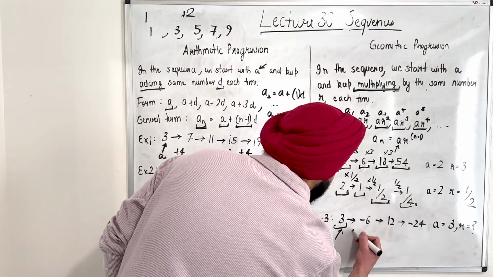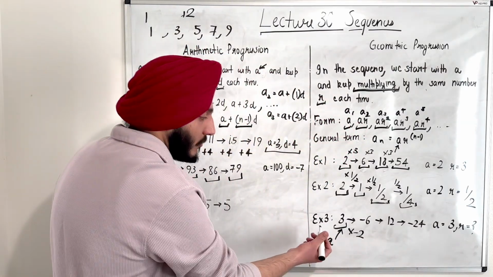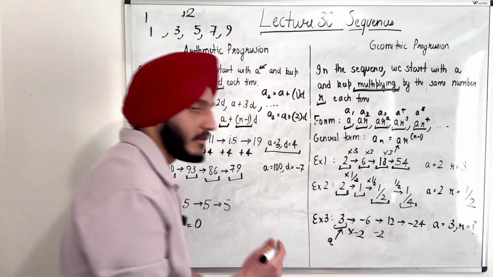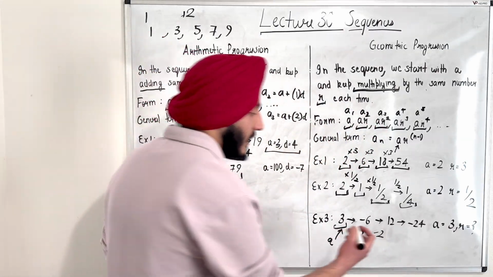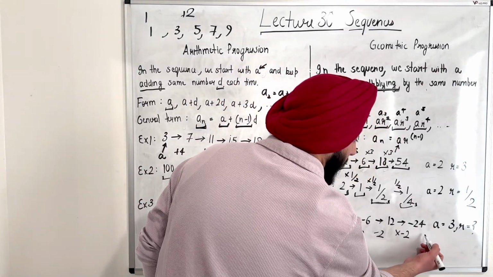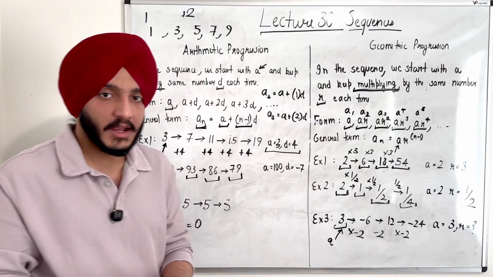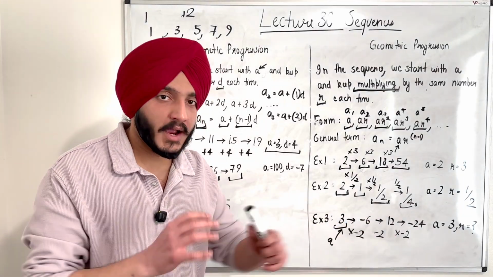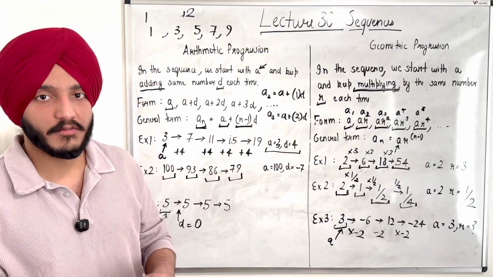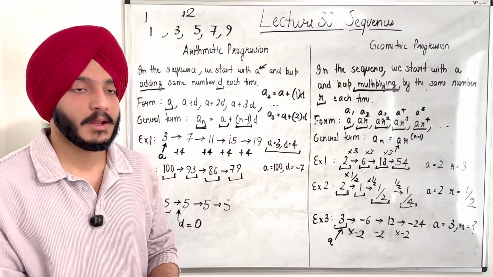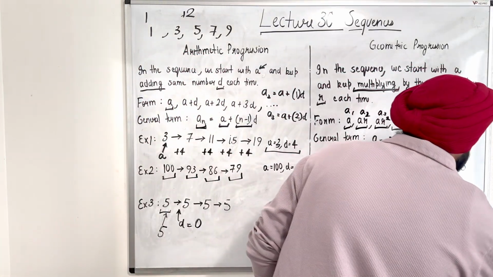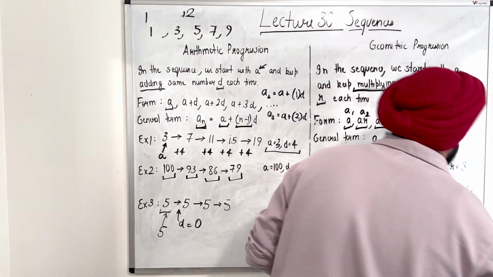Multiply 3 by minus 2, we get minus 6. Multiply minus 6 by minus 2 again, the minus signs cancel and give you positive 12. Multiply 12 by minus 2 again, gives you minus 24. When you're multiplying by a negative number, it keeps on fluctuating from negative to positive because of the negative R value.